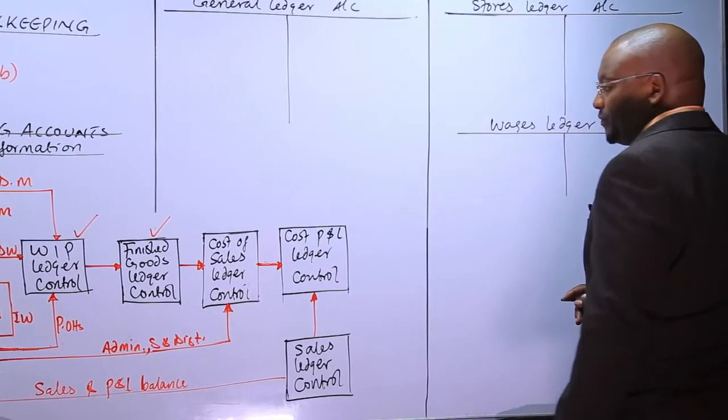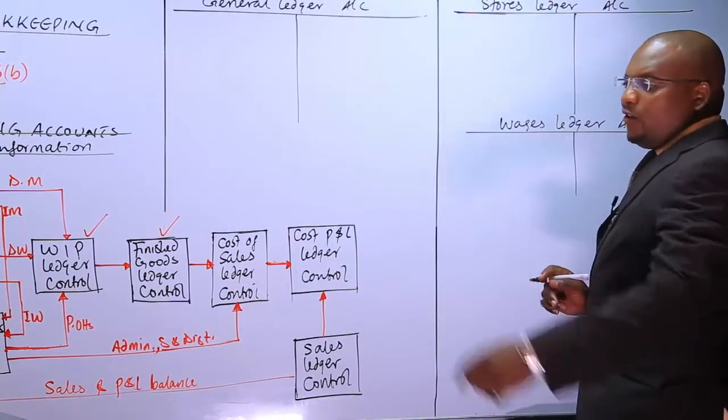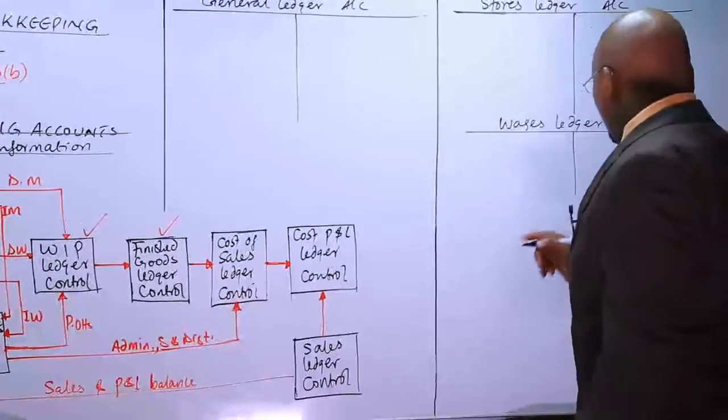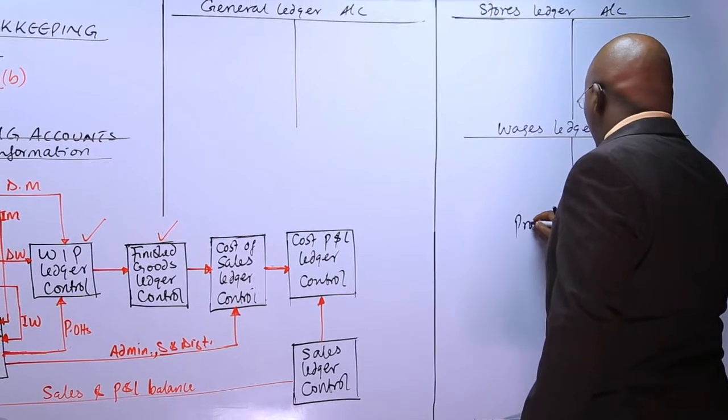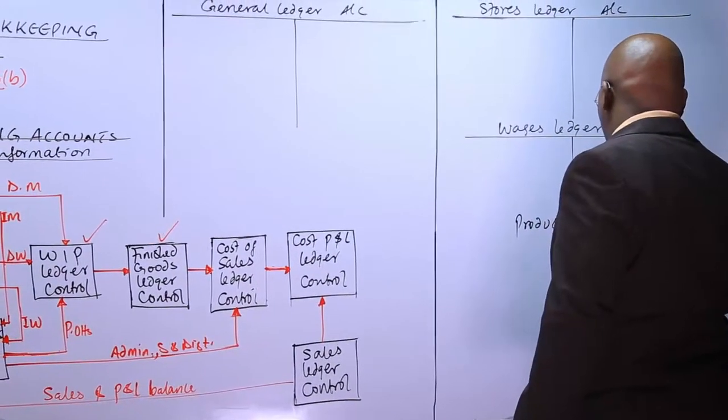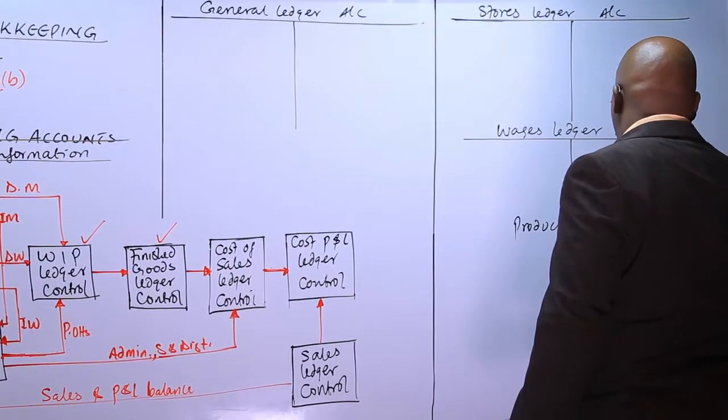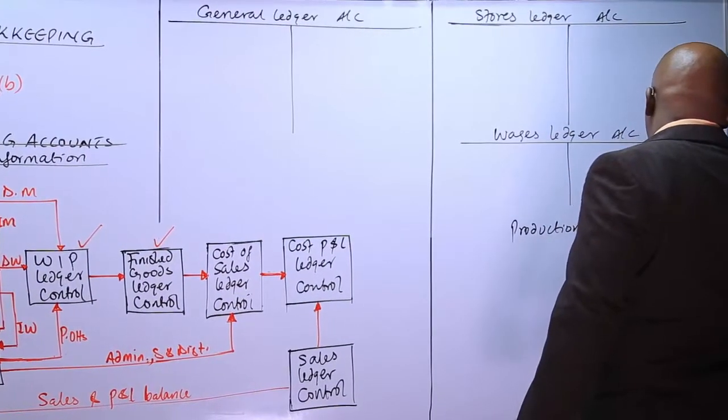In this case, we have been given the overheads in their respective titles. So we're going to have here the production overhead or expenses account.